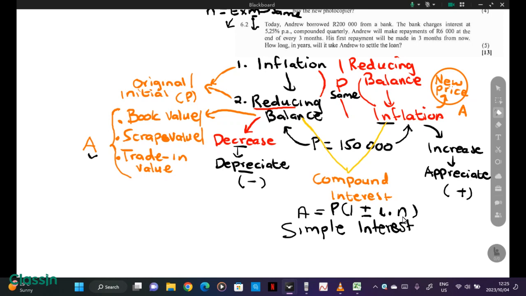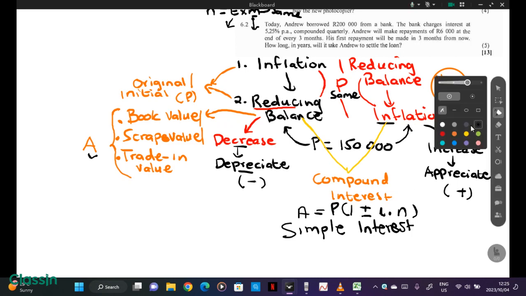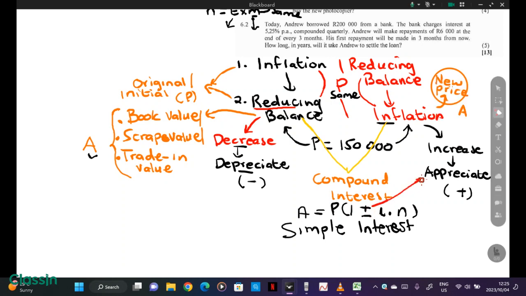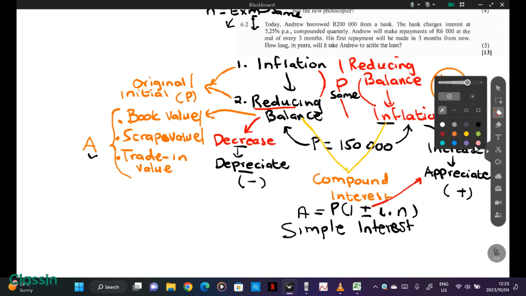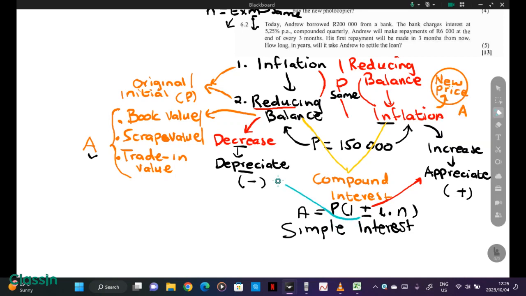So this is the formula that we can have for simple interest. But we mentioned that if it's positive, it means that it appreciates, and if it's negative, it means that it's going to depreciate.